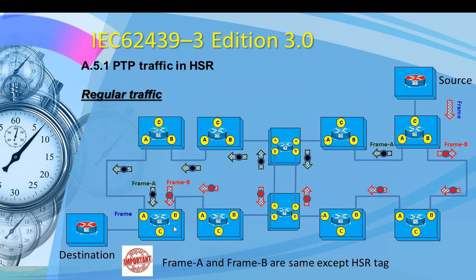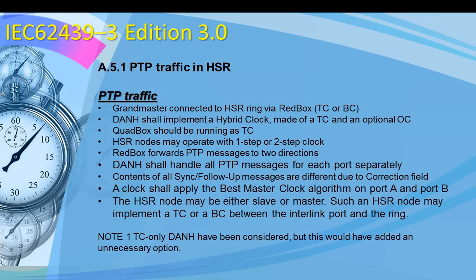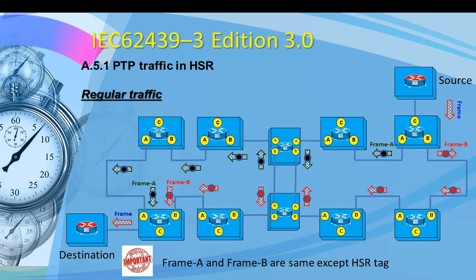Frame A and frame B are exactly the same except for the HSR tag. This is how regular traffic goes from the source host to the destination host.